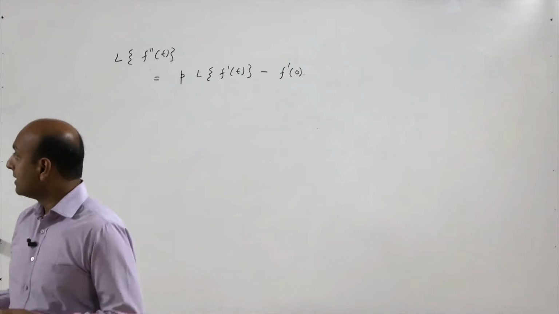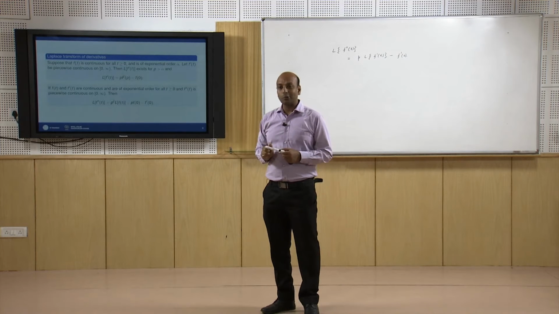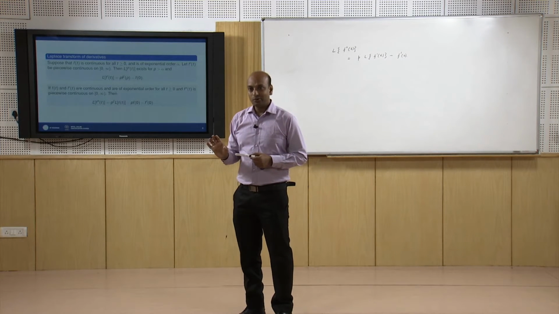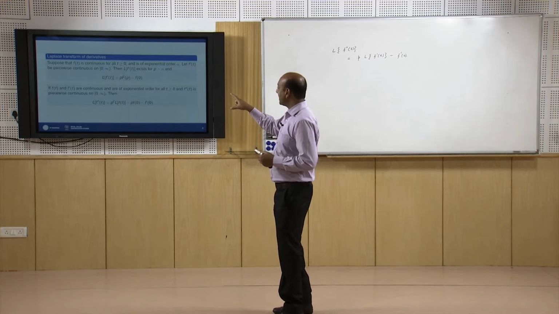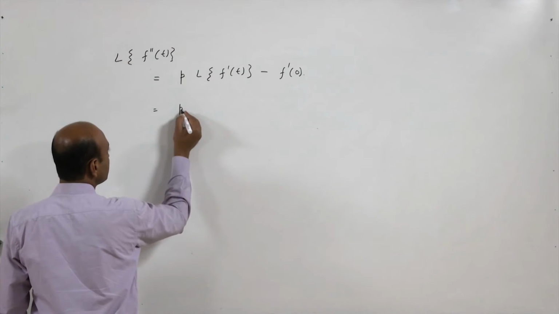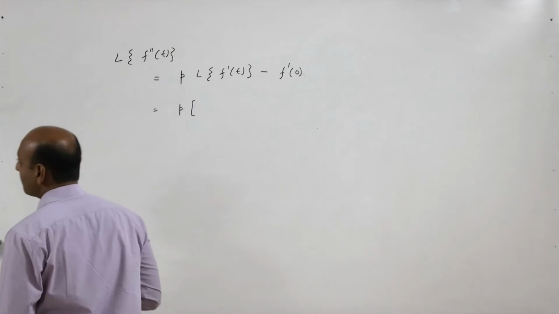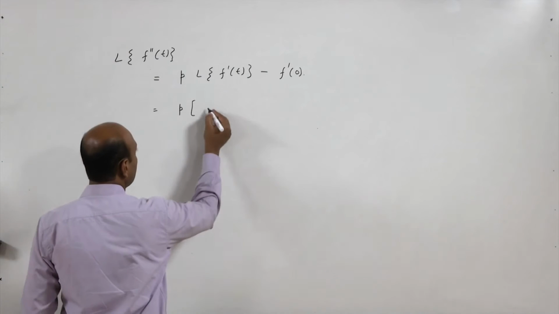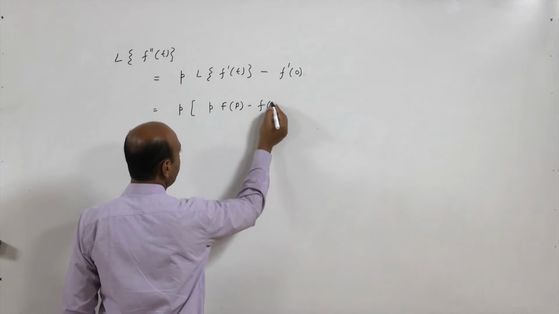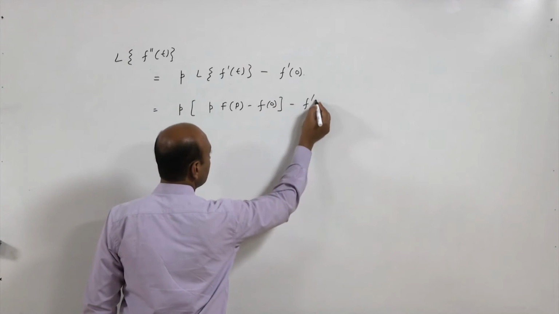You see that the first result holds for every f, so it will hold for f' also. So, we replace f by f' in the first expression and get this result. Now, this is equal to p into the Laplace of f'(t); you again apply the result, so it is this minus f(0), minus f'(0).